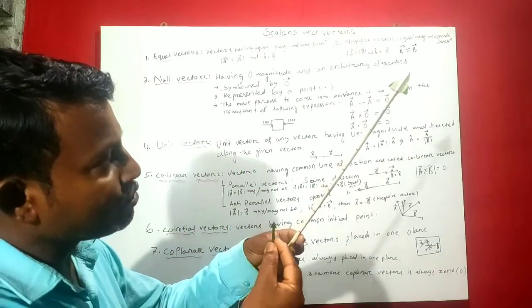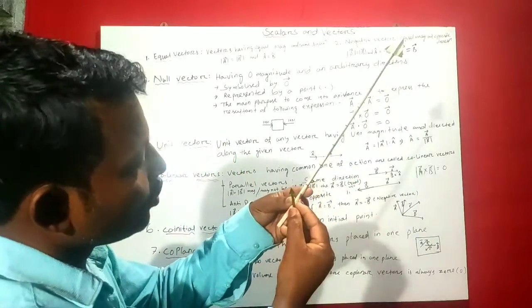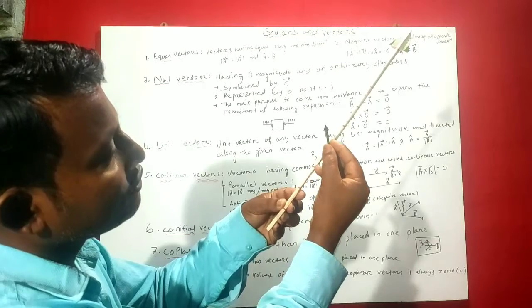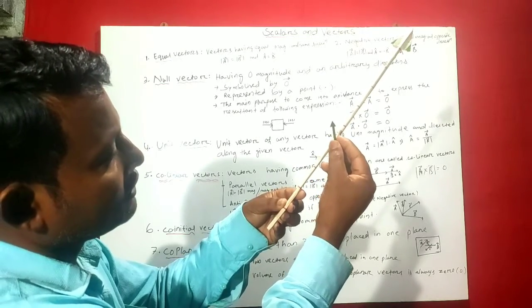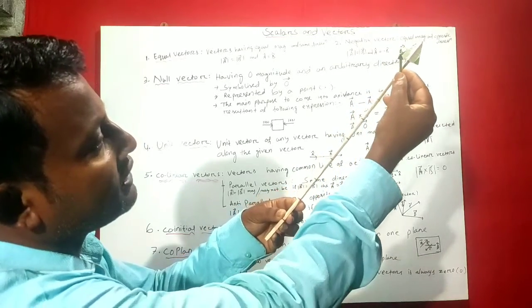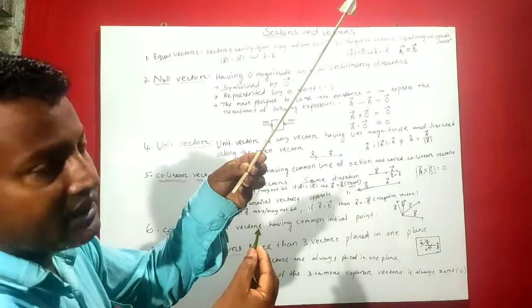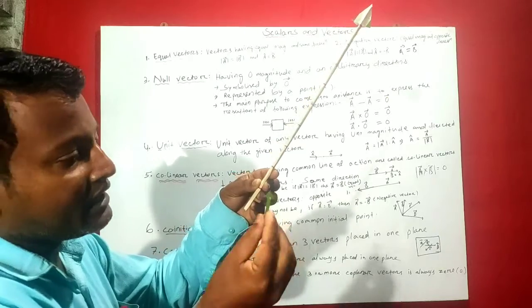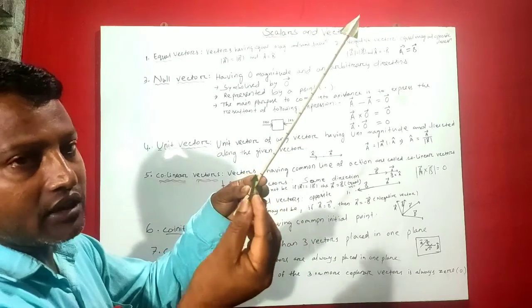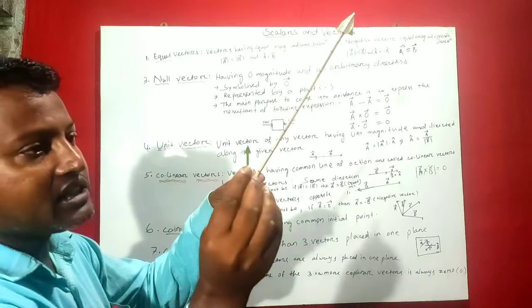Let the magnitude of this vector A be 10: 1, 2, 3, 4, 5, 6, 7, 8, 9, 10. And the magnitude of this other vector is 1.